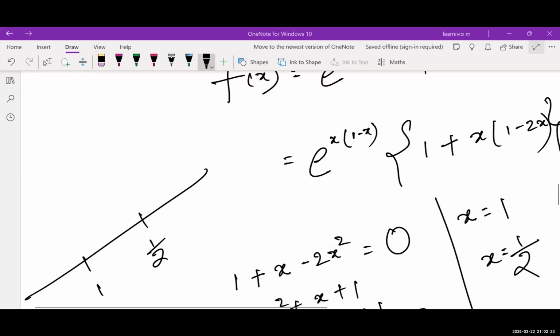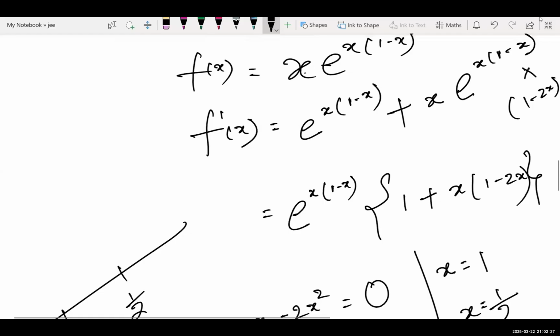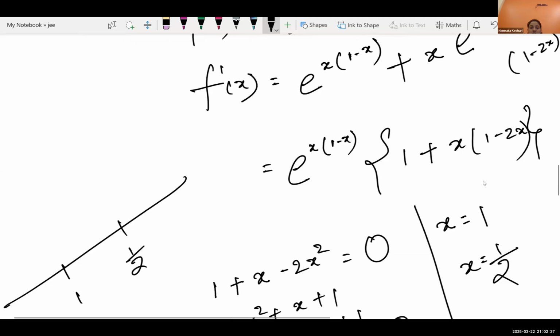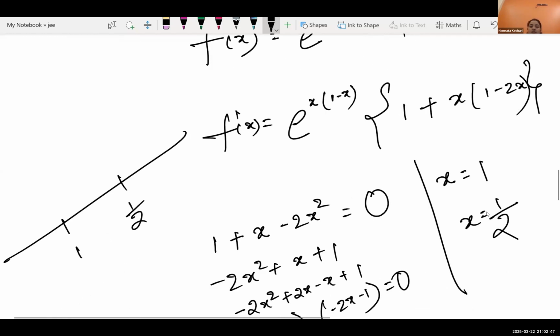We can clearly see our f dash x over here. This one is our f dash x. We understand whatever we take in the power of e will not give us a negative number, so we will be checking this curly bracket basically.